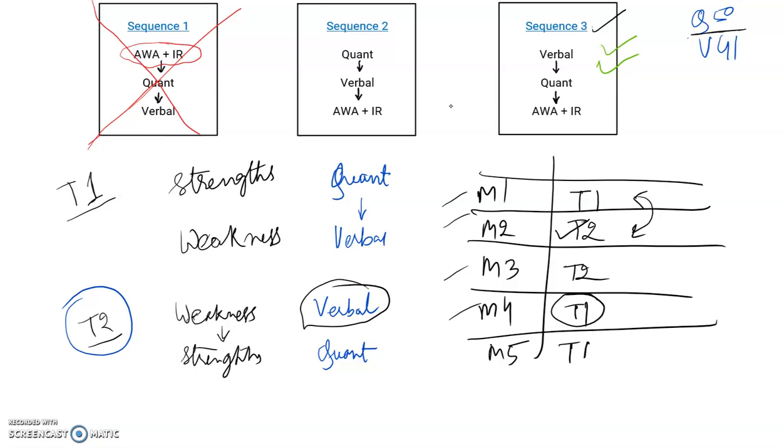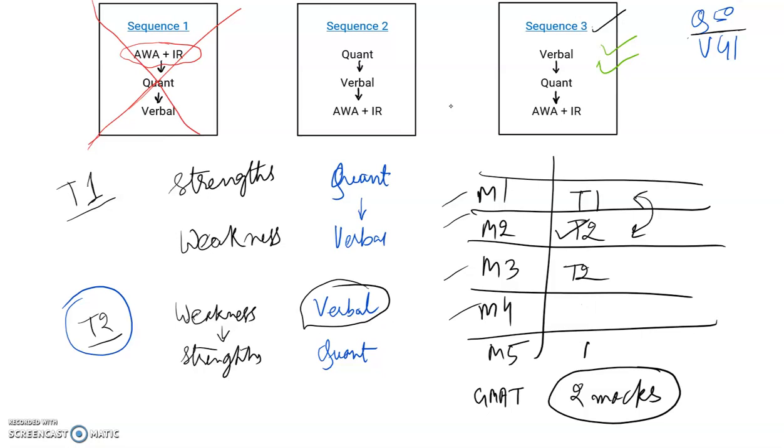The idea is, before going for your GMAT, you should have taken at least 2 mocks in the same sequence. So just make sure that you take 2 mocks in the same sequence. It's very simple. If you are following school of thought 2, you take 1 mock, you take the second mock, and you feel that T2 is better for you, you do T2 again in the 4th mock.